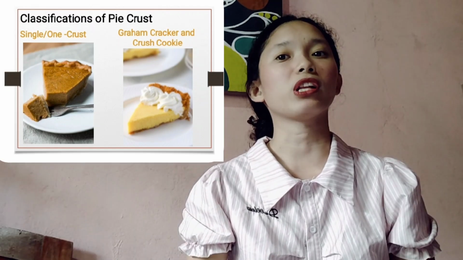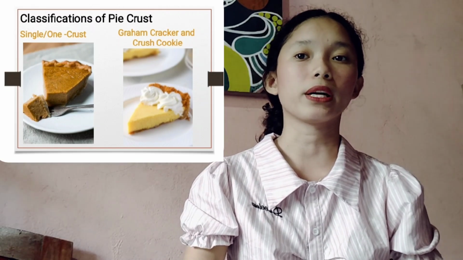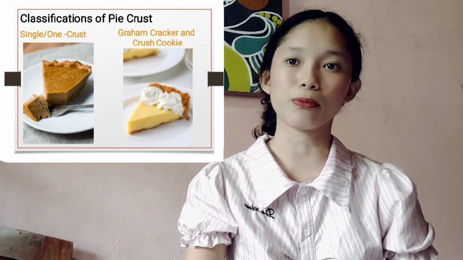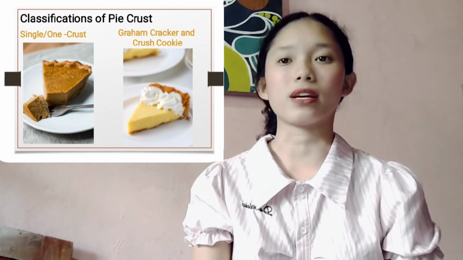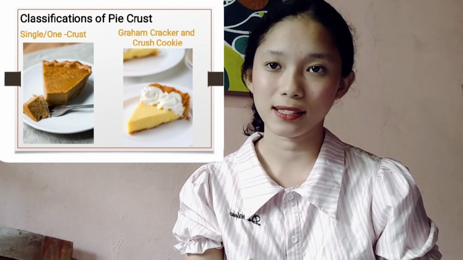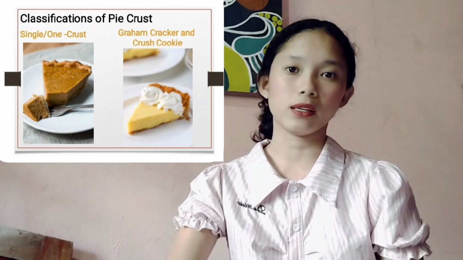And then we have the classification of pie crust. First is the single or one crust. As you can see in the picture, this is an example of single or one crust. And then the next is the graham cracker or crushed cookie.